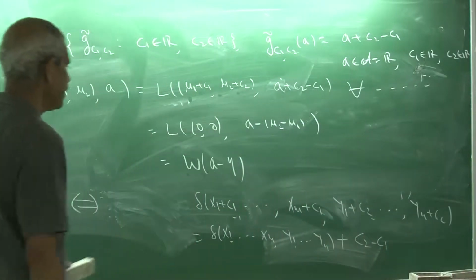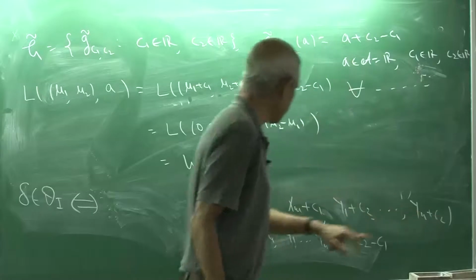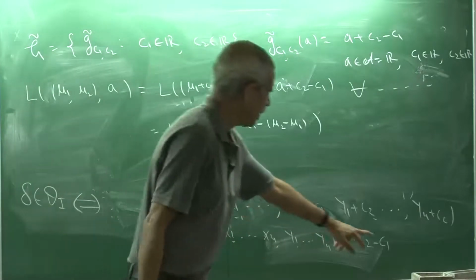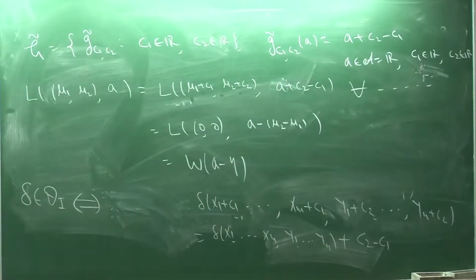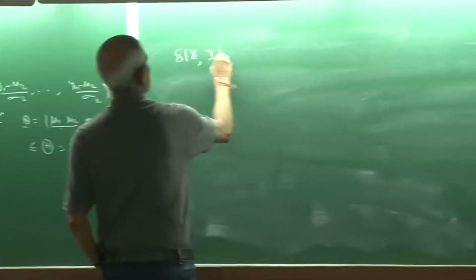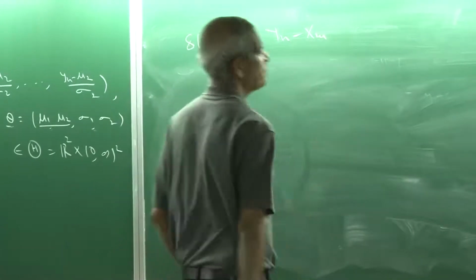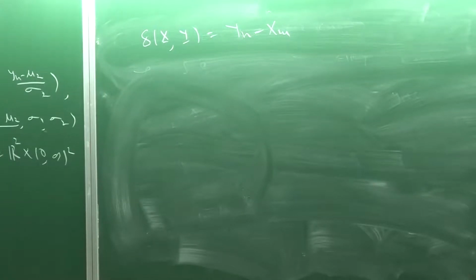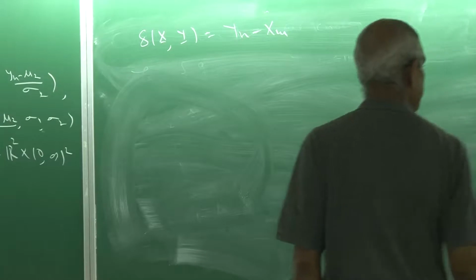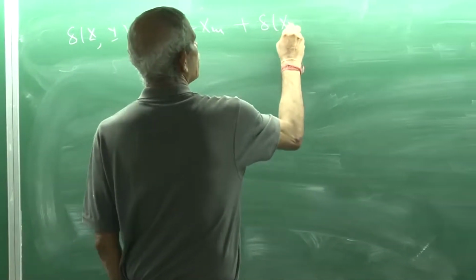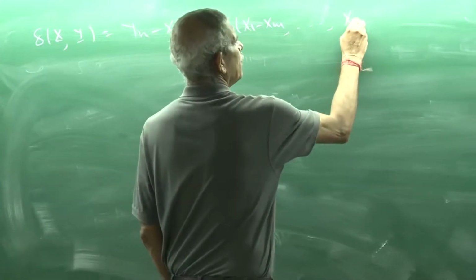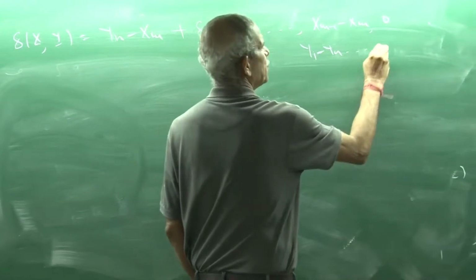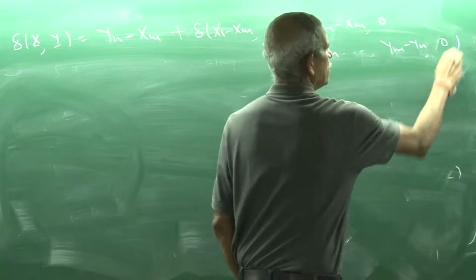So I can choose c2 to be minus yn and c1 to be minus xm, so that delta of x, y is the same as yn minus xm plus delta of x1 minus xm, ..., xm minus 1 minus xm, y1 minus yn, ..., yn minus 1 minus yn, 0. When c2 is minus yn, it goes to the other side and becomes yn. With c1 as minus xm, it becomes yn minus xm.